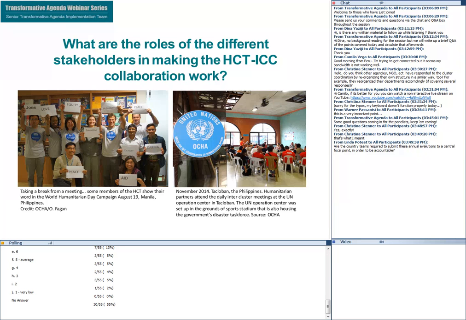Another important aspect of NGOs participating is to have the capacity of challenging the HCT processes and the ICC processes. NGOs tend to be a bit provocative, a bit challenging the status quo, and sometimes it's annoying, sometimes it's not.